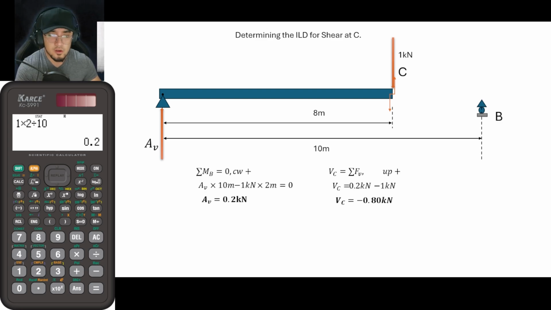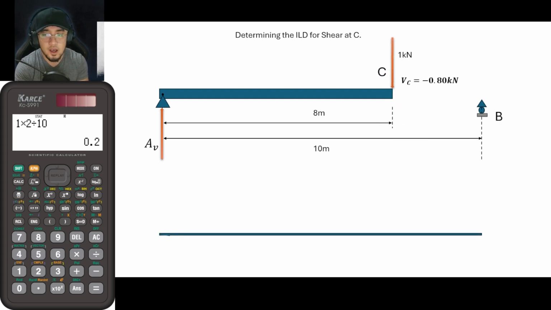kilonewtons. Okay, so from that, if the load is located here, it means that the shear experienced at C is equal to negative 0.8 kilonewtons. So if that is the case, guys, a while ago, we plotted that if the load is located here, the shear was 0, if you can remember.